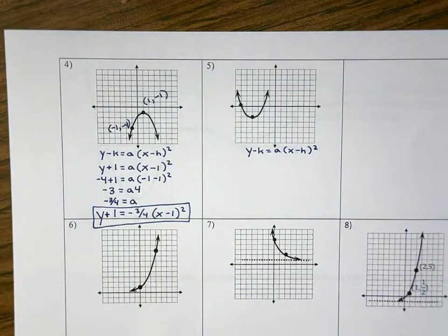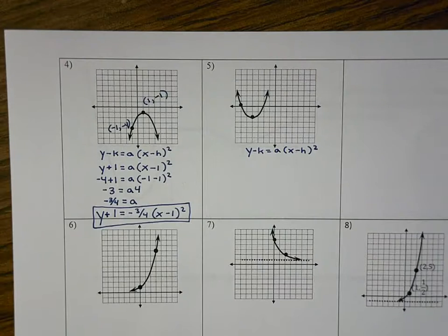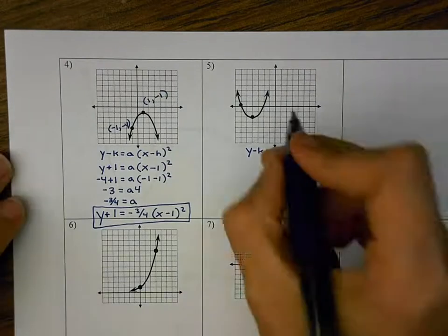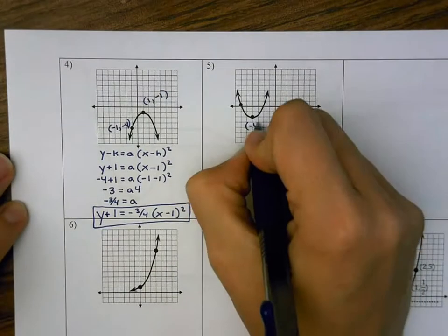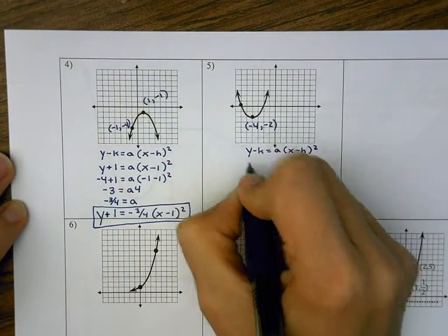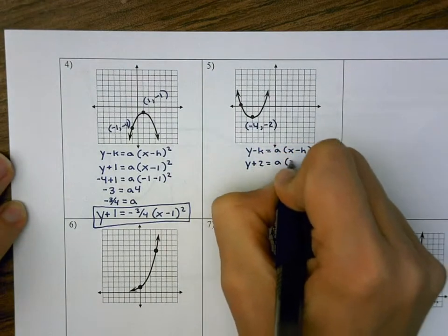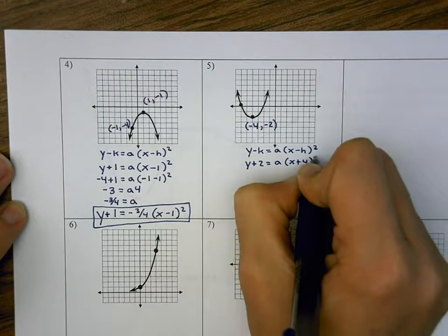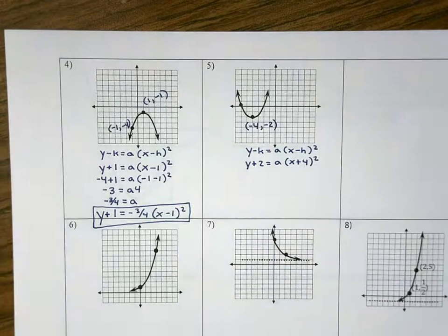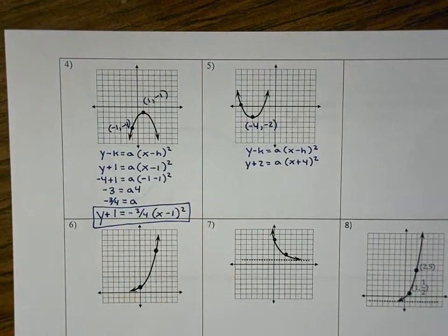What's your hk? My hk is negative 4, negative 2. Let's go ahead and put that into our equation here. We want to find the a. Remember, a is not slope, right? M is slope. A is not slope, so we need to solve for A.